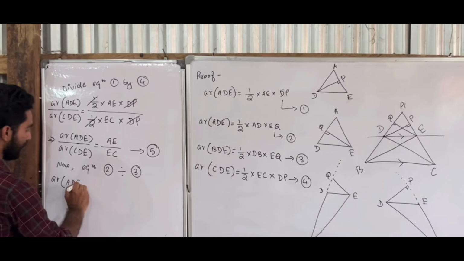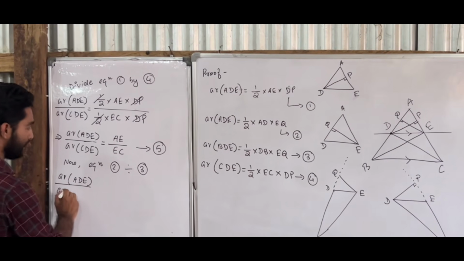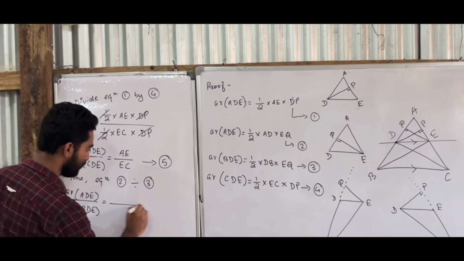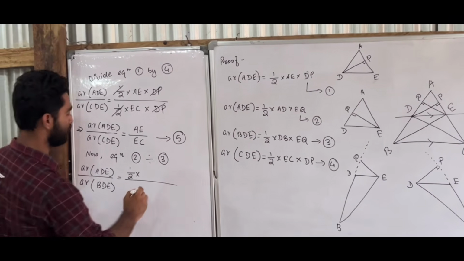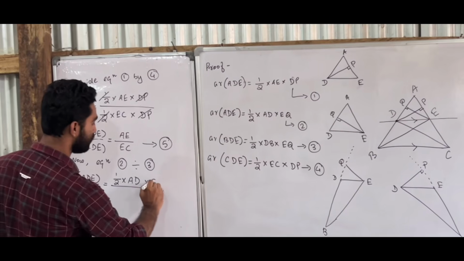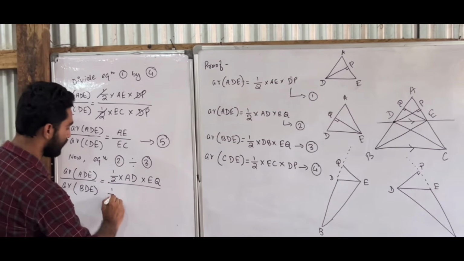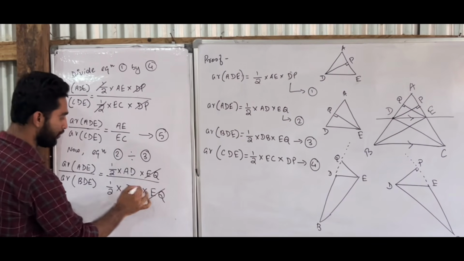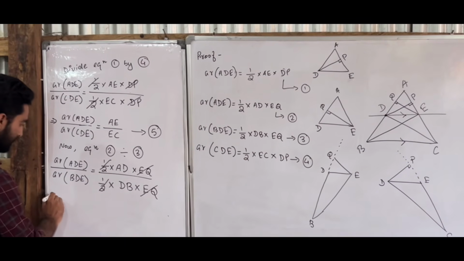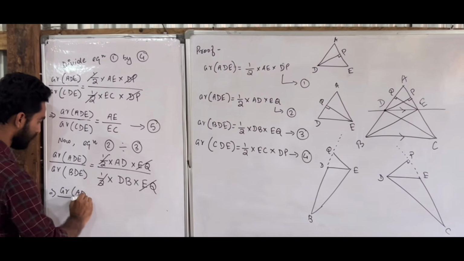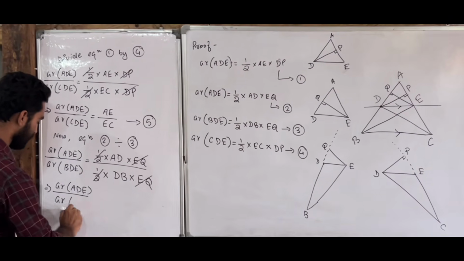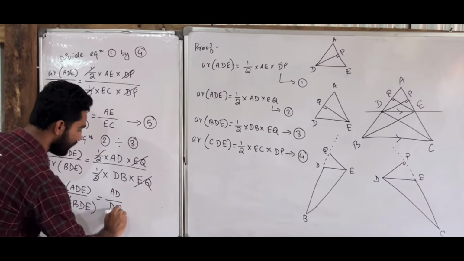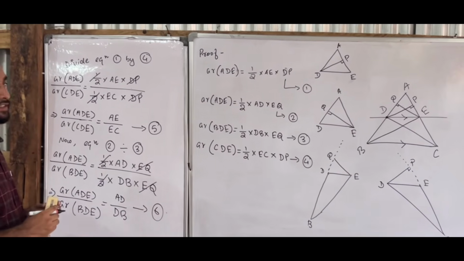Area of ADE divided by area of BDE is equal to half into AD into EQ divided by half into DB into EQ. Now EQ can cancel, half can cancel. So what is that? Area of ADE divided by area of BDE is equal to AD divided by DB. This one will give equation number 6.